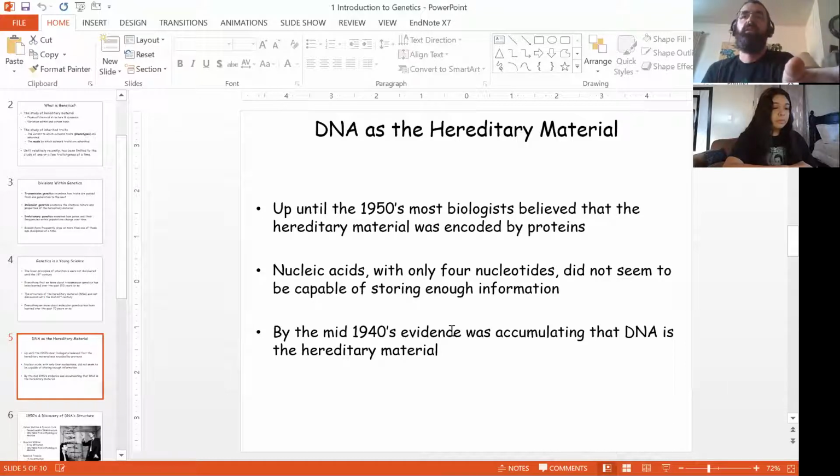And this is really cool because DNA is very simple, right? By that time, we already knew that it consisted of only 4 bases, right? The adenine, cytosine, thymine, and guanine. And so the argument against DNA was that it was too simple. How can you encode all of these many thousands of different proteins, right? The human genome has about 20,000 coding genes, give or take, so about 20,000 different proteins are encoded by our genome.